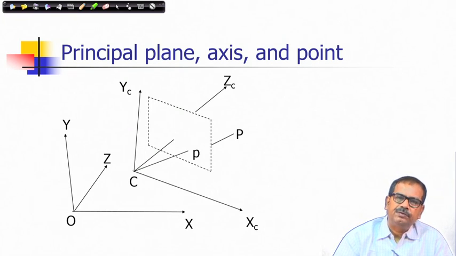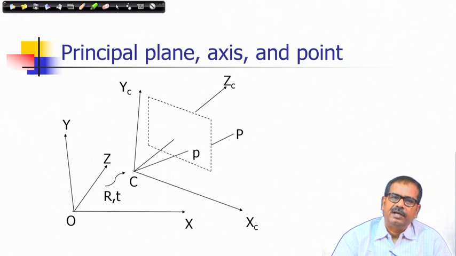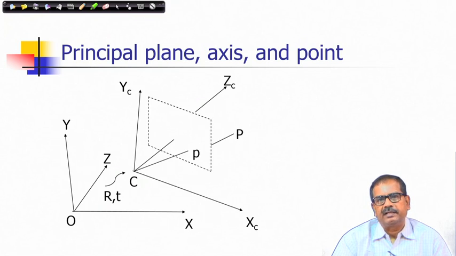The relationship between the world coordinate and camera centric coordinate system can be established by applying a simple rigid body transformation, where capital R denotes the rotation of axes, which can be represented by a 3×3 rotation matrix, and T denotes the translation of origin to the camera center, which is represented by a column vector or just a 3-dimensional vector.